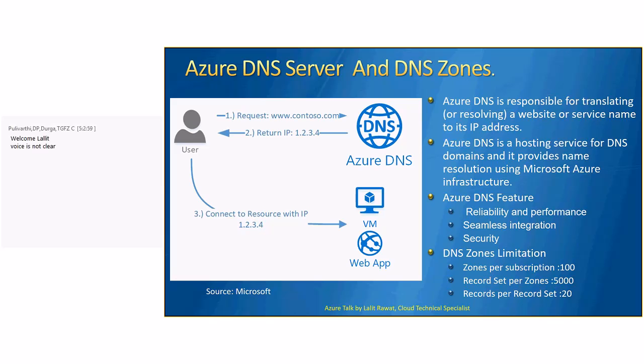Azure DNS, as the name suggests, is a DNS name server which is used to resolve host names to IP addresses, or websites over public IPs, and it is hosted in Azure. So we can say it is software as a service as well. Apart from that, the features Azure DNS provides are reliability, performance, and seamless integration. You just have to click, and then you will be able to create the things.